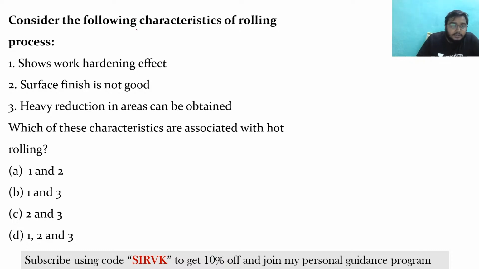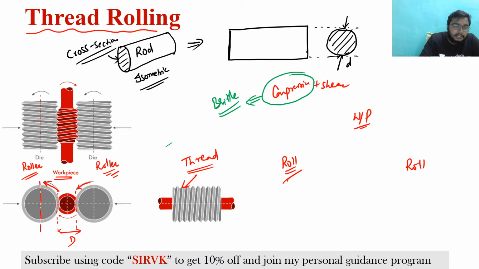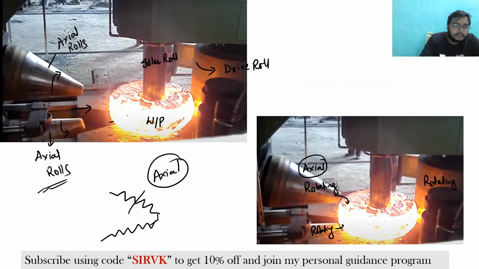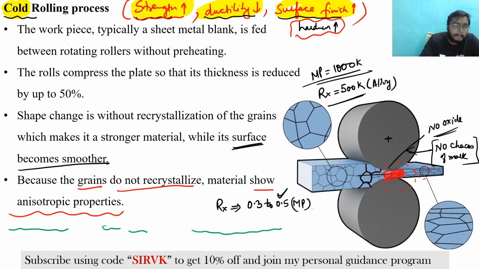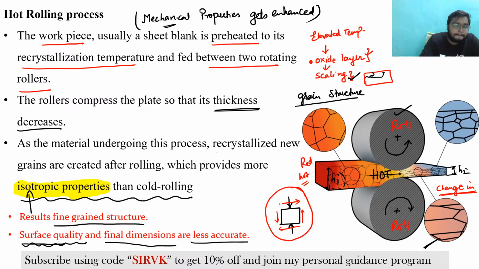Try to understand. So there is a hot rolling process. What is the meaning of hot rolling process? What are the things that I have told you in the hot rolling process? I have told you that surface quality is not good.